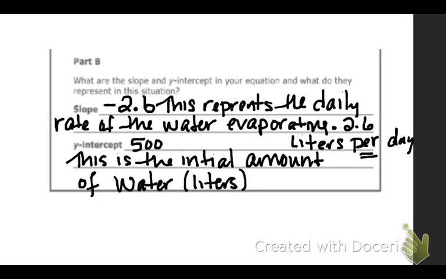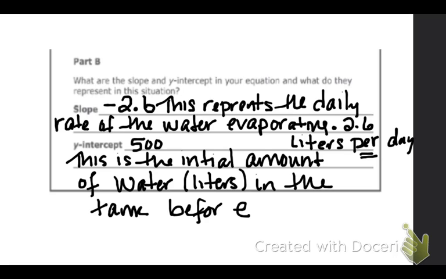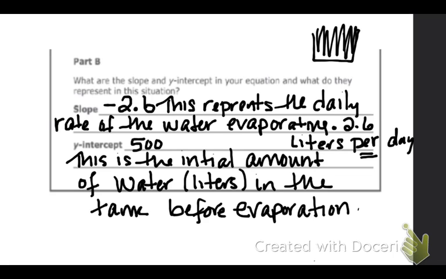It's the initial amount of water in the tank before evaporation, which before evaporation would mean initial also. So as long as you got the initial amount or before evaporation or the amount before, things like that that say it's where it began. Okay, we had 500 in our tank, 500 liters of water, and then every day we lose 2.6, so that water is going down.